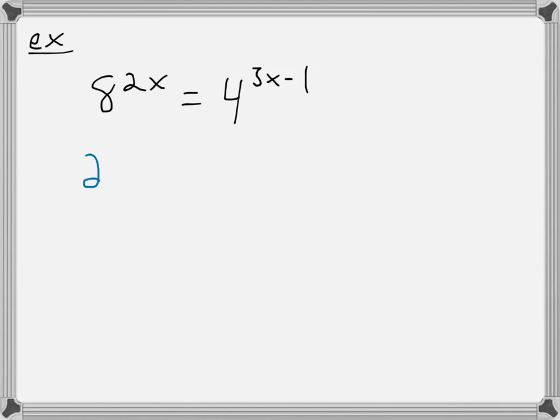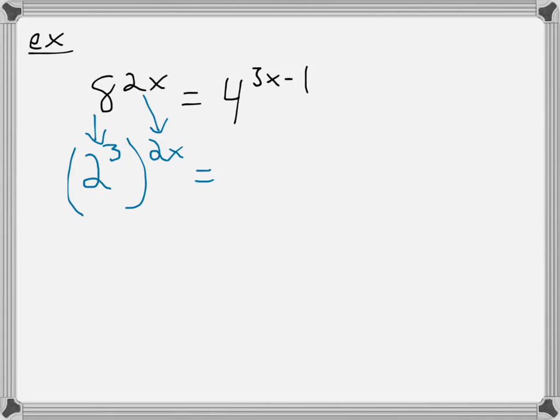Now my next step is I'm simply going to rewrite 8 as a power of 2. So 2 to what power equals 8? 2 cubed. Again, look what I did. I just rewrote 8. I left the 2x alone, first step.